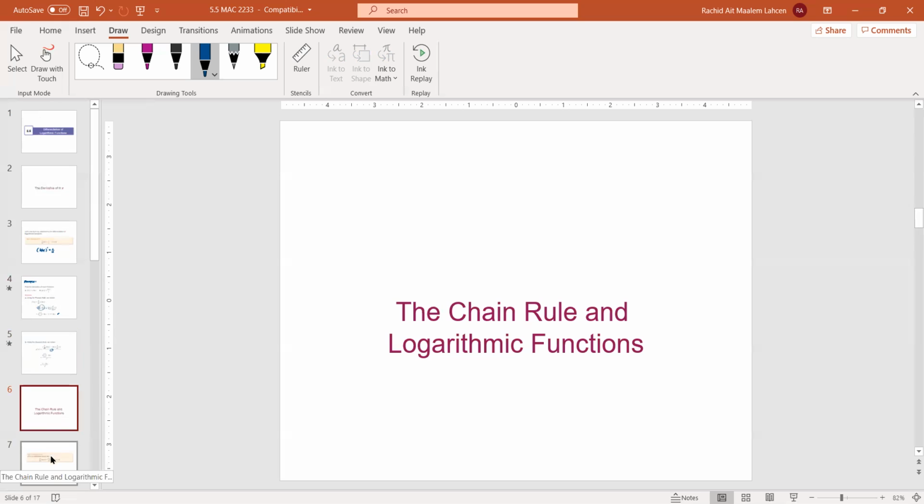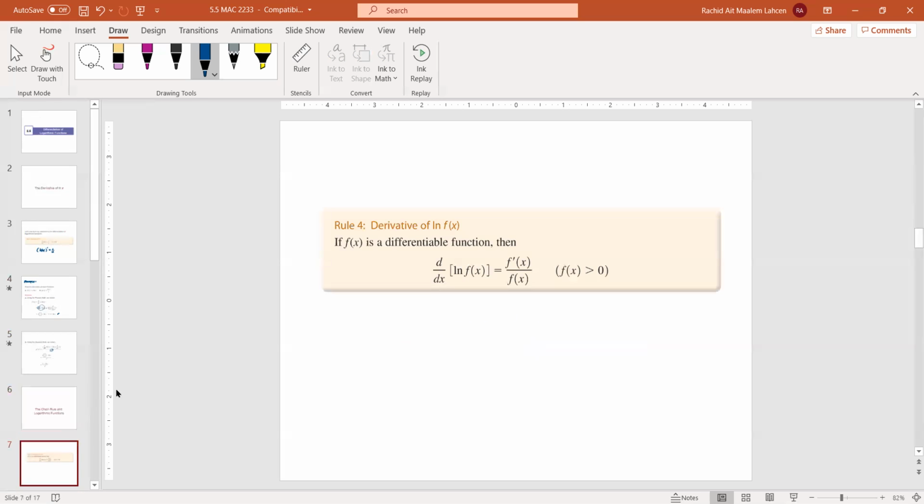The chain rule and the logarithmic function is the second one here. So the outside function is ln, and the inside function is f of x. And if we want to differentiate this with respect to x, then we're going to do that inside function derivative divided by the inside function.